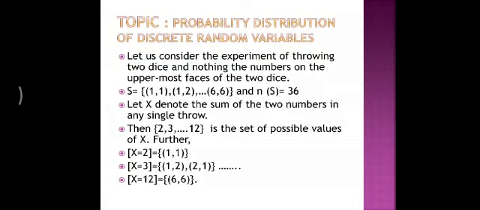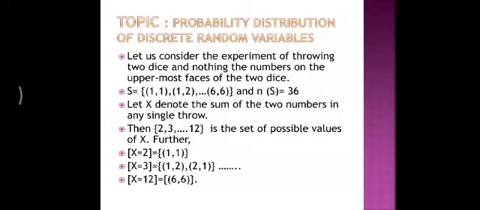Then all possible outcomes will be, if one dice gives number 1 and the other dice also gives number 1, then we call it ordered pair (1, 1). As we perform it many times, all possible outcomes will be ordered pair (1, 1), (1, 2), (1, 3), and so on up to (6, 6).